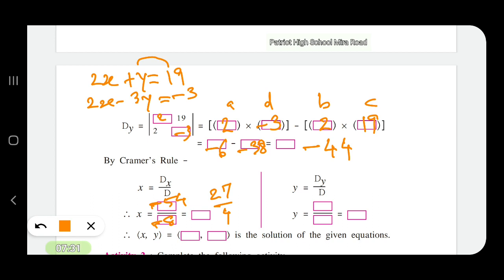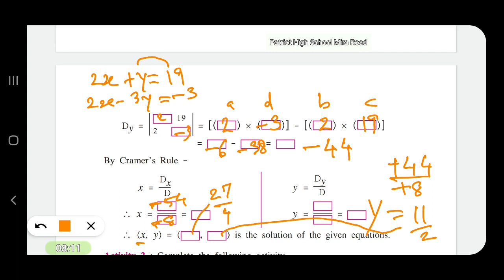So y will be equal to minus 44 upon minus 8, which will be equal to, the minus signs will cancel, so it will be 11 upon 2. So y will be equal to 11 upon 2. So the values are x will be 27 upon 4, and y will be 11 upon 2.